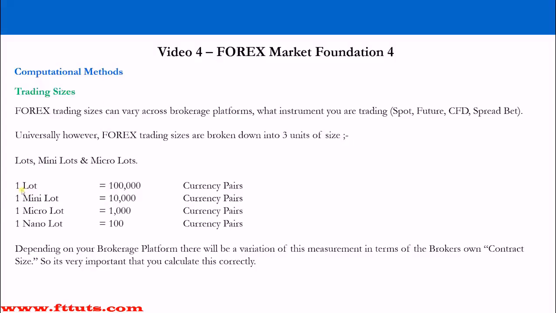So if you go onto a trading platform and the size that they trade is 100,000, then you would simply call this one lot, and the same applies to the others.